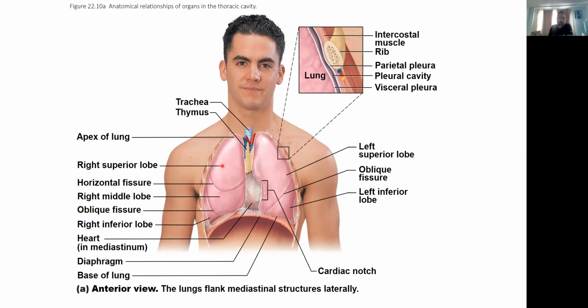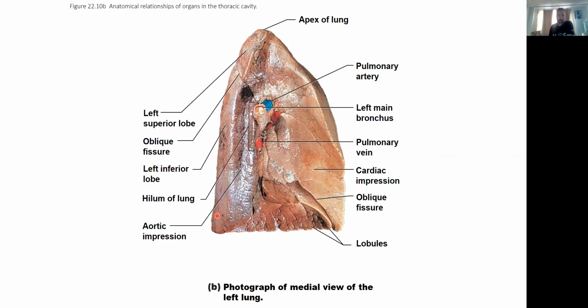And separating the lobes, we have fissures, right? Little cracks, little crevices in there. We have an oblique fissure on both the left and right side, okay? And if we look at a lung here from the medial side, so here's the root, here's the hilum, okay? The oblique fissure on the left side runs at an oblique angle.